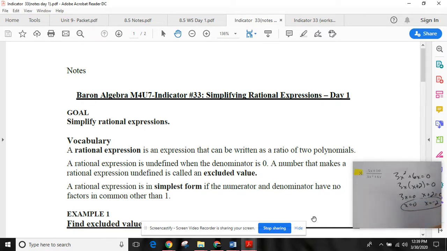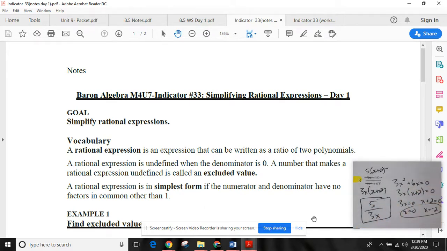Again, those are excluded values. Simplifying this rational expression, I take a 5 out of the numerator, x plus 2. I've already simplified the denominator, 3x, and then x plus 2. And then we can cancel those x plus 2's. So the simplified rational expression would be 5 all over 3x.